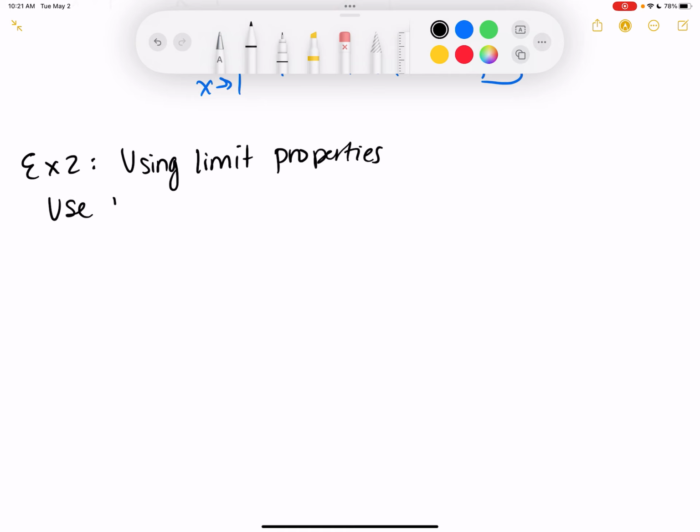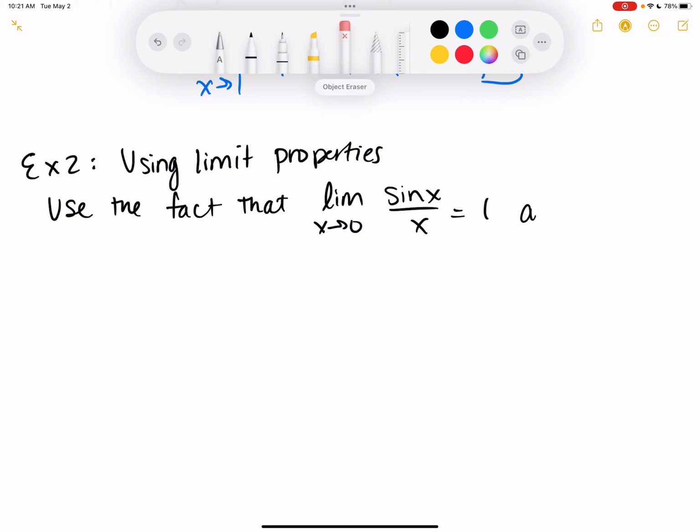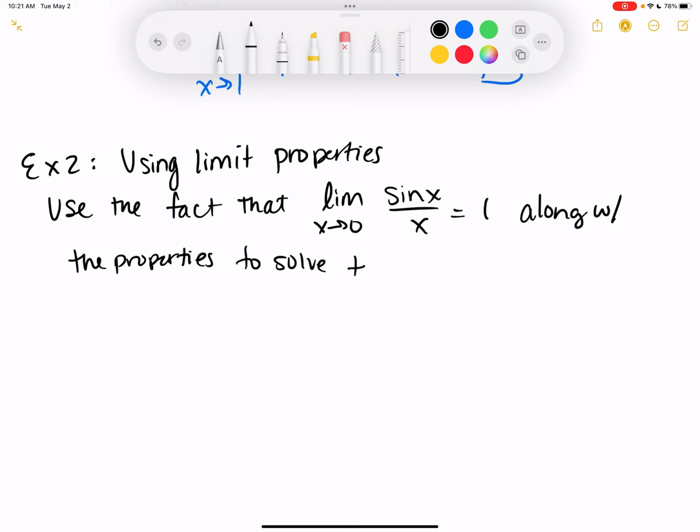We are going to use the fact, this is what I wrote yesterday, that the limit as x approaches 0 of sine of x over x is equal to 1. So that's going to be helpful. That's just a limit you need to memorize, along with the properties, to solve the following.